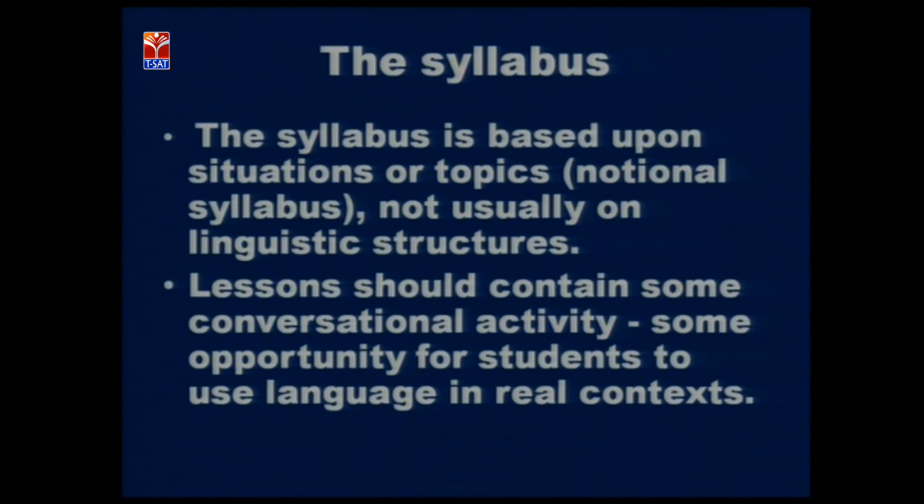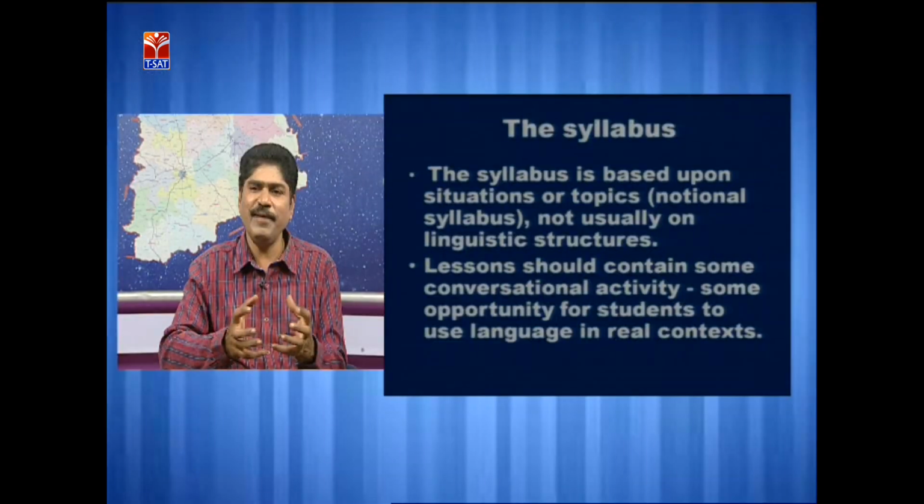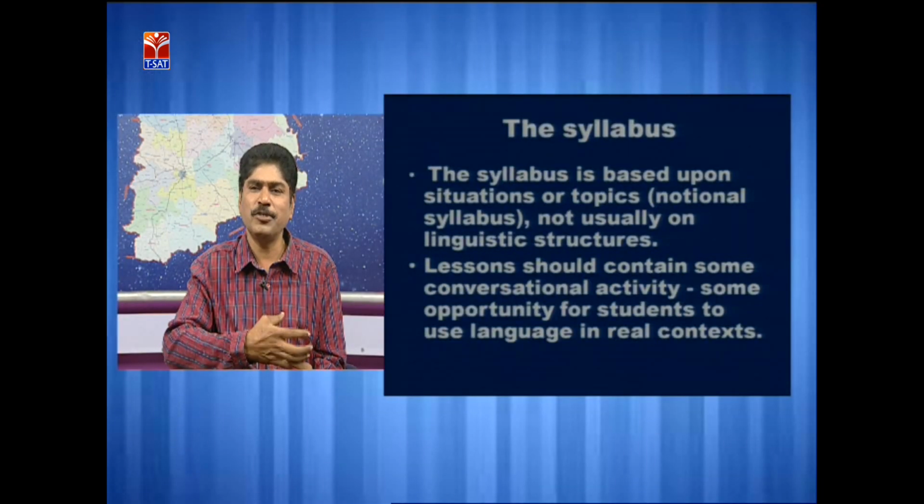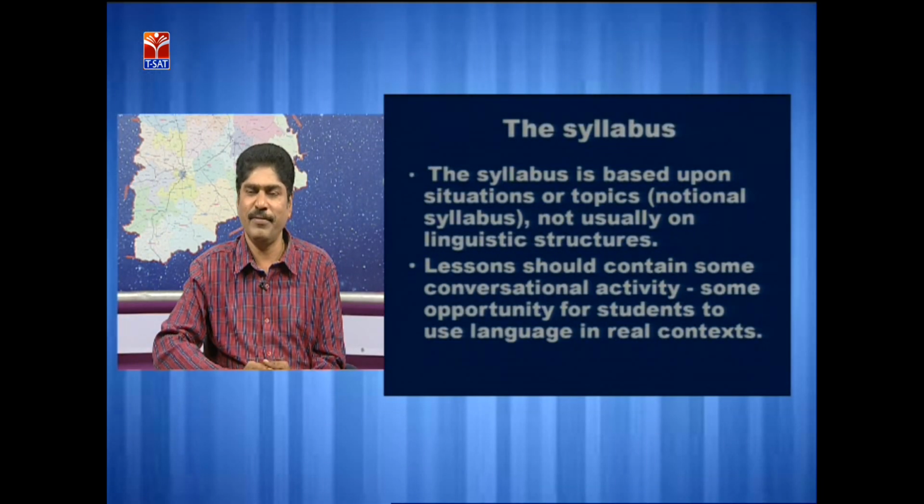Real context should be implemented in the classroom. They should be introduced to students, give training to students. That means real life situations, linking classroom teaching to day-to-day life. Our students should be in the position to use English in their day-to-day life. That will be the main aim of the direct method.